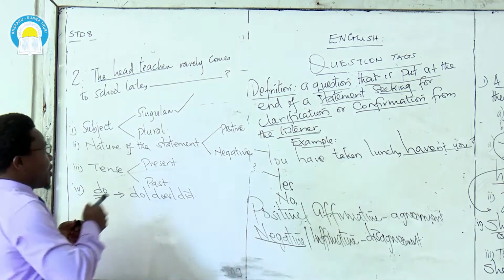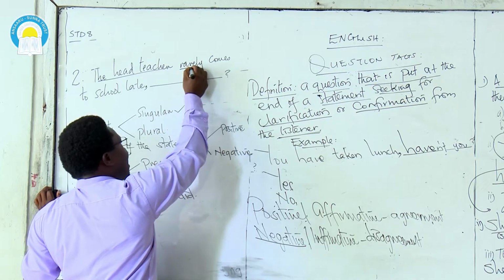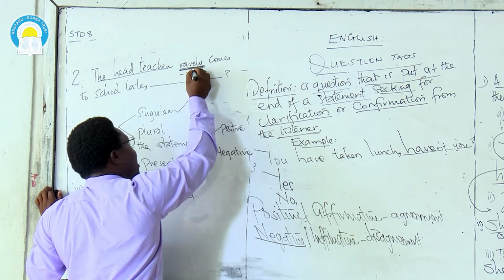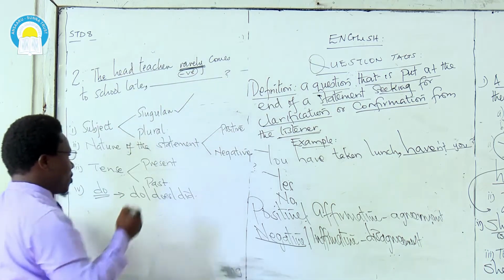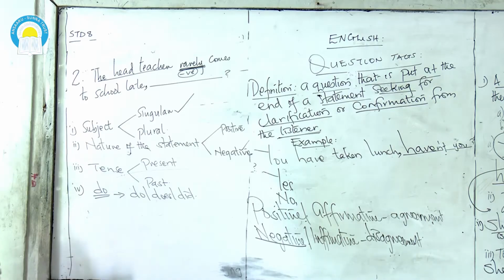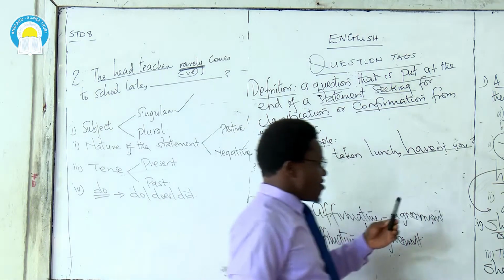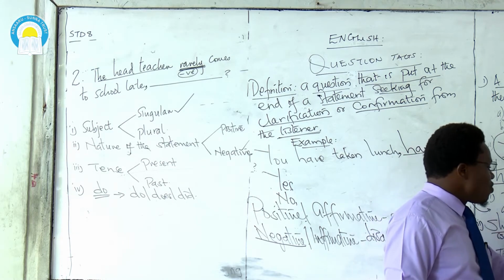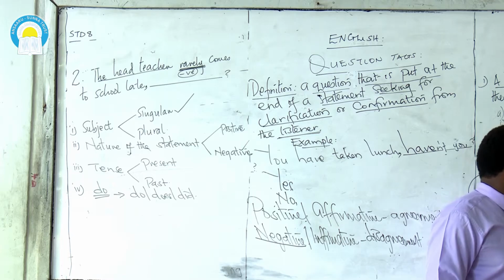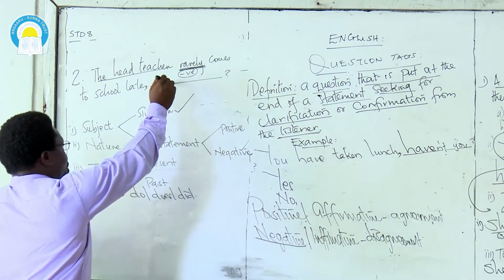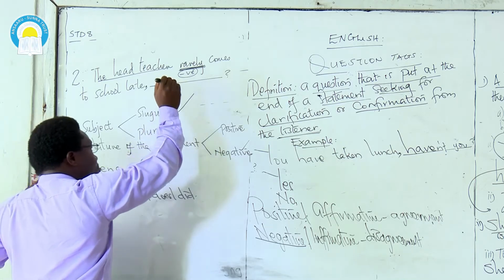The presence of the word rarely reminds us that this sentence is negative. So, put a tick on the word negative. Then what quickly comes into your mind? That to a negative sentence, you add a positive question tag. Therefore, our question tag here shall be positive.